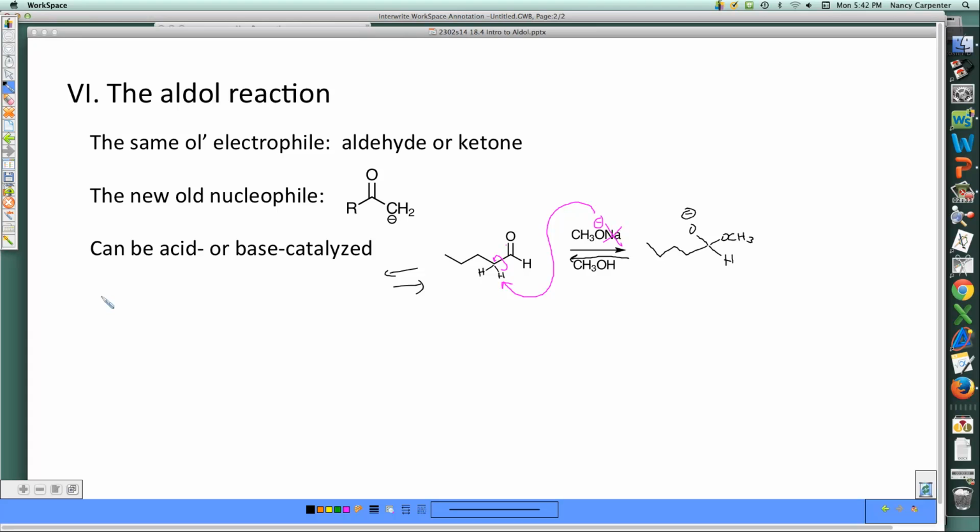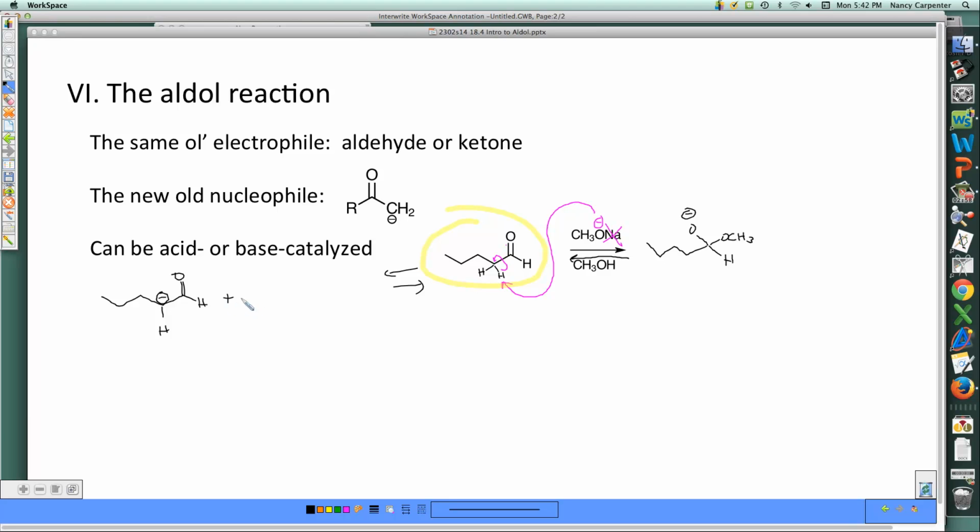And again, this is, of course, a reversible step. It's acid-base. But now I've made a carbon nucleophile, and the only carbon electrophile that's around is right here. This is going to be a reaction between the enolate of pentanal and pentanal itself.